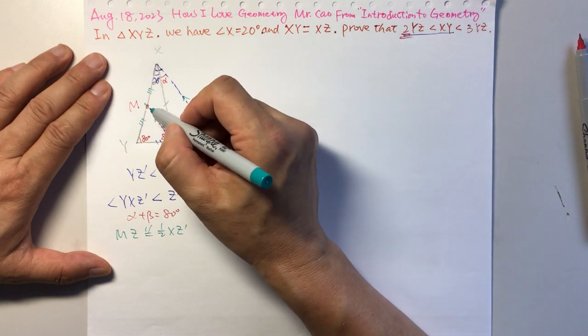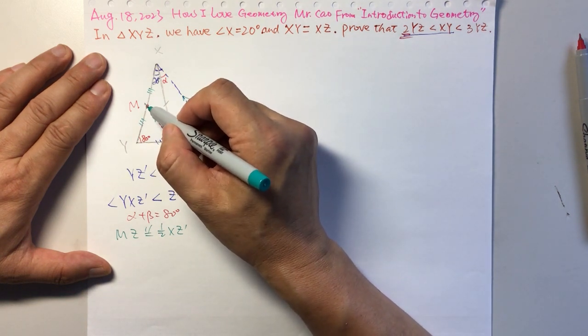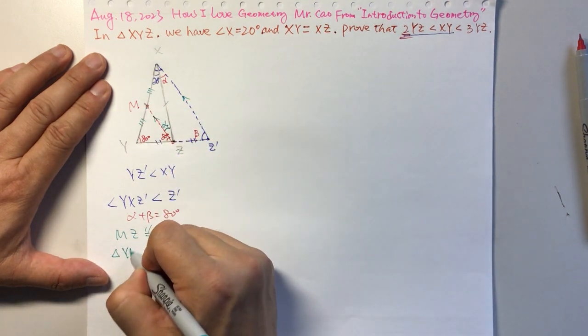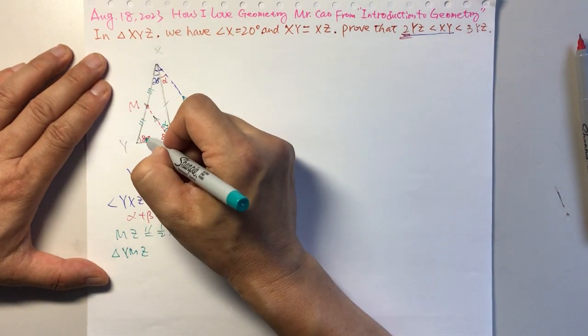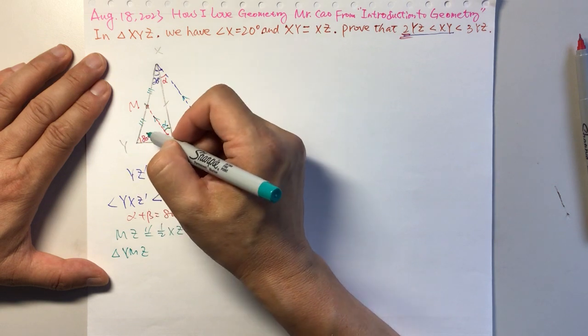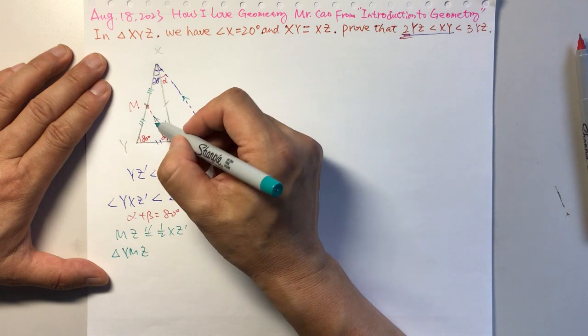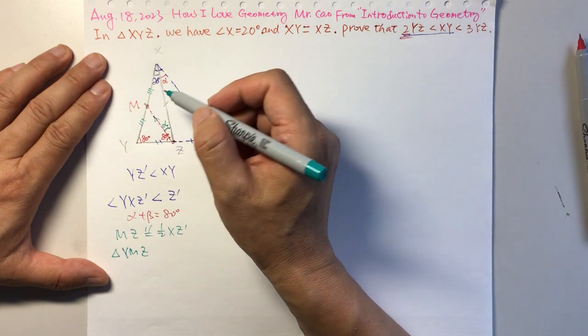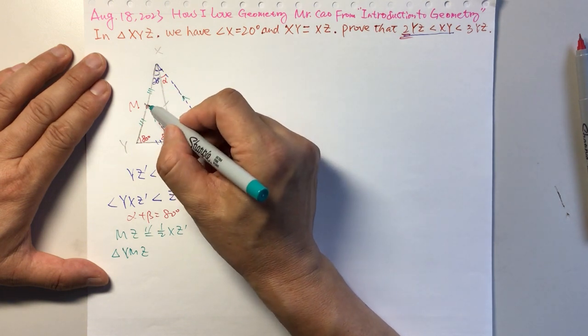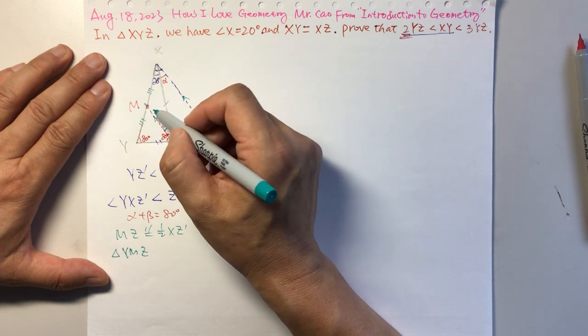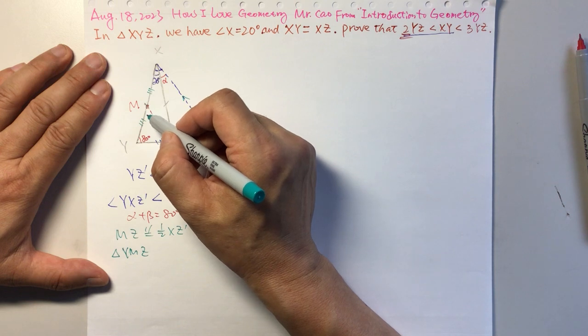In this small triangle YMZ, this 80 degree angle is the largest, because it is obtuse and this other one is less than 80.